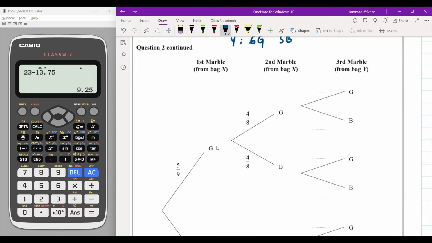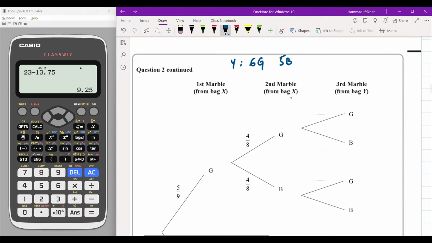When 2 greens have been chosen and placed in bag Y, choosing from bag Y, the total number will increase by 2. There were 6 green in total, so they now increase to 8, and previously 6 plus 5, 11, now they climb to 13.